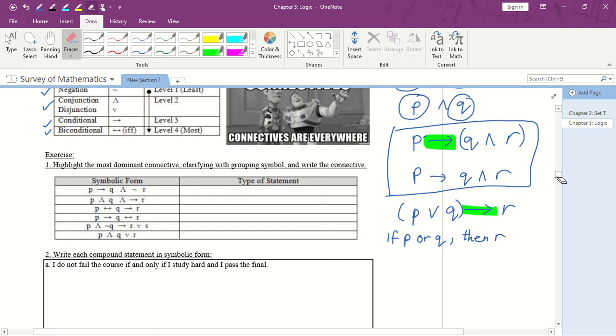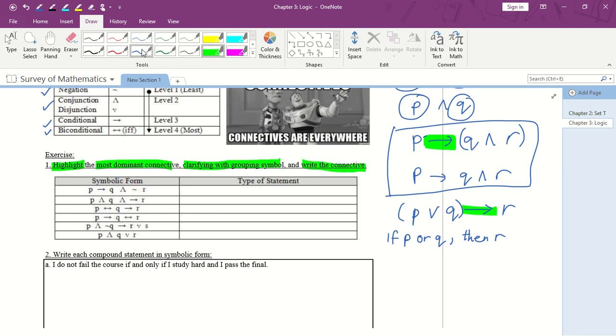Okay, so now let's look at these questions here. It says to highlight the most dominant connective, clarify with grouping symbols, and write the type of connective. So let's look at this one: P conditional Q and negation R. So we have 1 here, 2 here, 3 here.